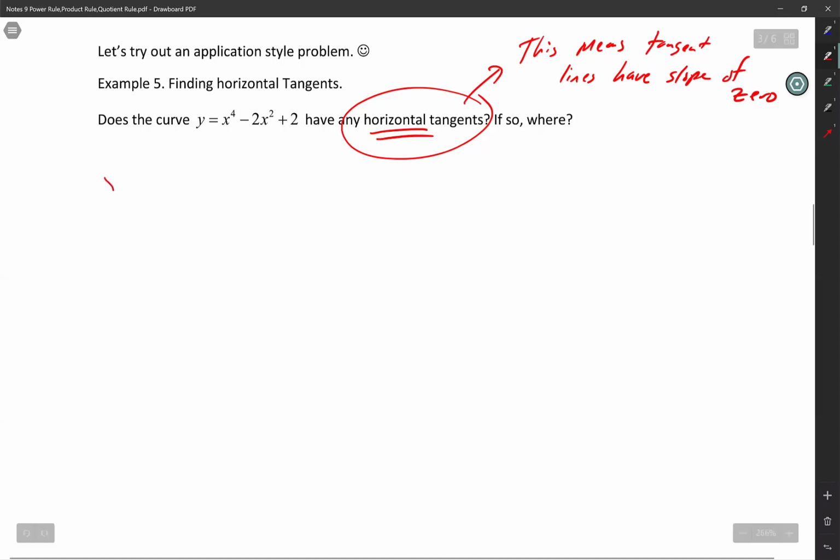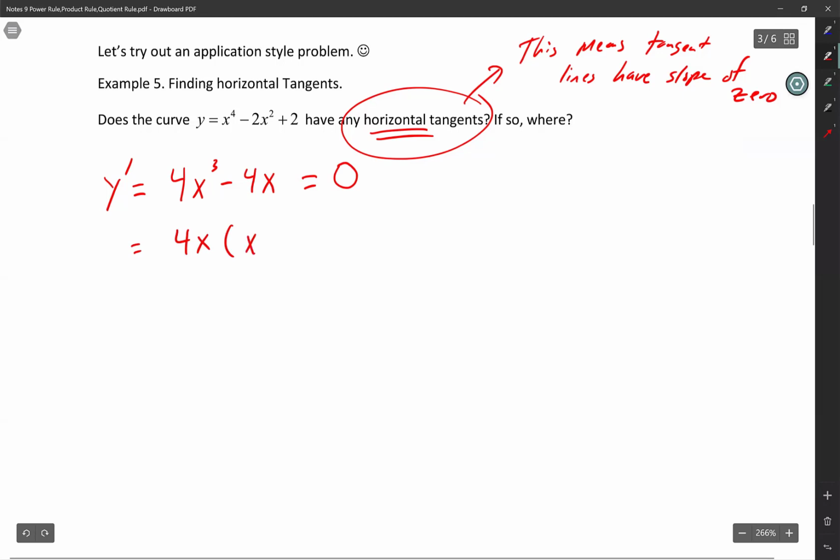So here we go. Y prime. Look how beautiful this is. You don't have to do the whole limit process anymore. What's the derivative of x to the 4th? 4x cubed minus, what's the derivative of 2x squared? 4x. I'm going to set that equal to 0. I'm going to factor out a 4x.